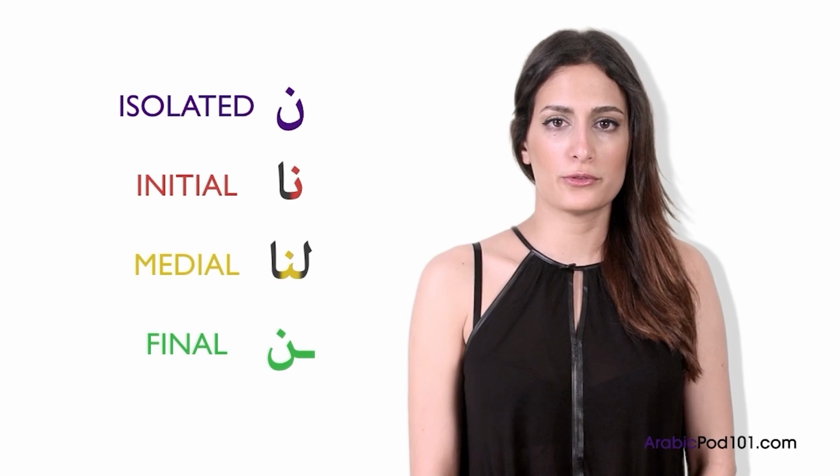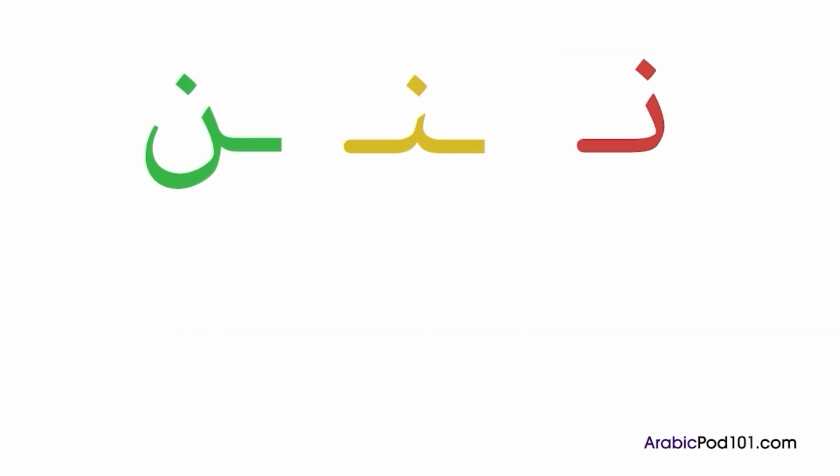You got lucky with your first letter, but noon requires that you learn all 4 forms. Let's get them all out of the way at once. So we have the initial form for when noon appears at the beginning of a word, the medial form for when it appears in the middle of a word, and the final form for when it's at the end. Now try to write all 3.